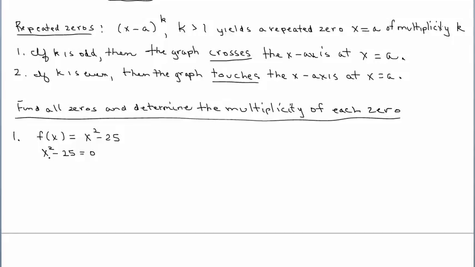Well, if I factor this, I have no multiplicity. K in this case is 1. K in this case is 1 also. K is not greater than 1 on either of the factors, so I have no multiplicity. All I can do is find the zeros: set each factor equal to 0 and solve.